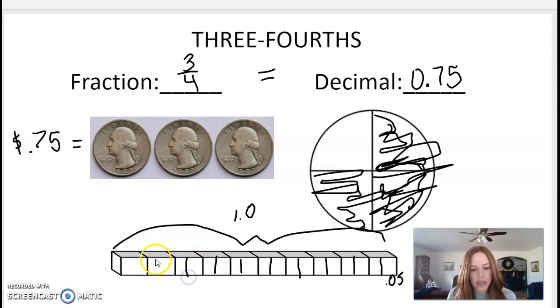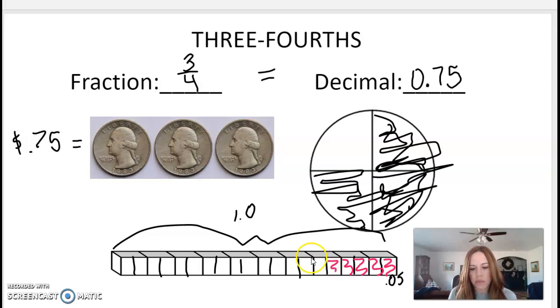Well, last time I colored in 5 for 1/4. If I'm going to color in 3/4, I would probably need to color in 15. So let's see. This is 5, 10, 15, 20, 25.